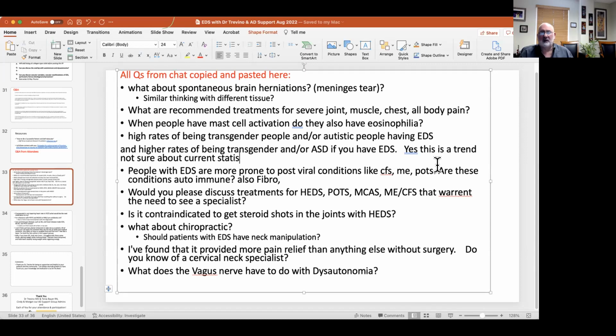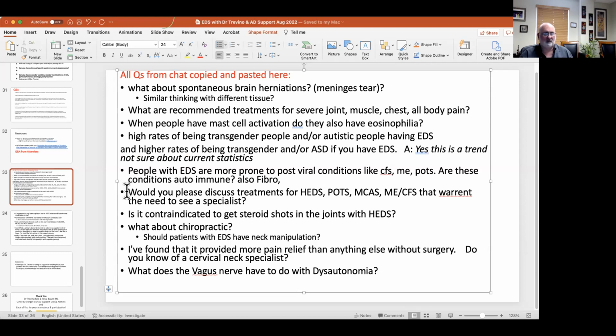People with EDS are more prone to post-viral conditions like CFS, ME, POTS. Are these conditions autoimmune? Also fibro. So yeah, I think that people with EDS are more prone to post-viral conditions. I do think that a lot of them are autoimmune.